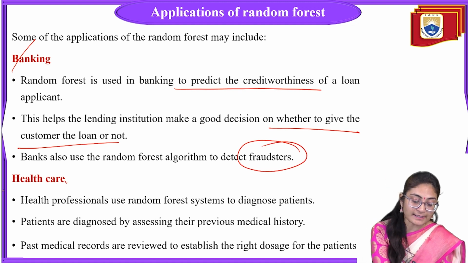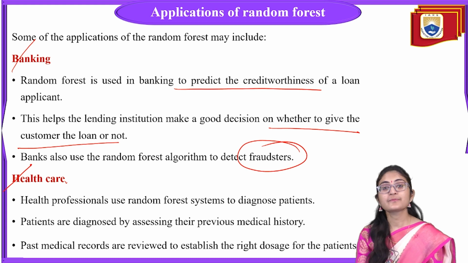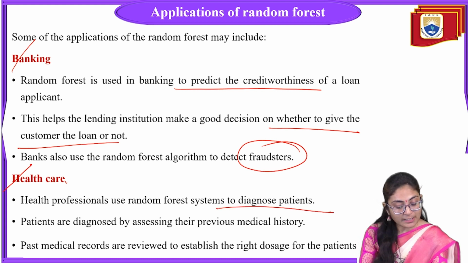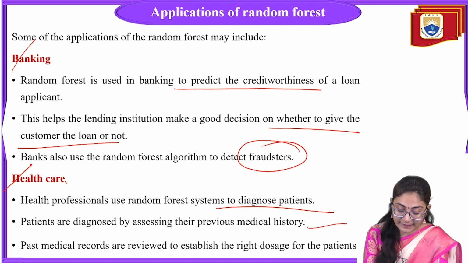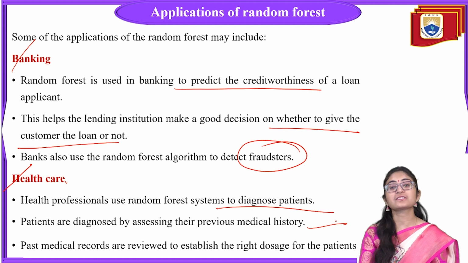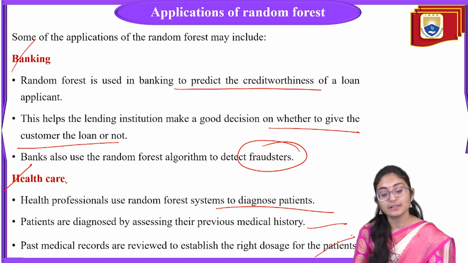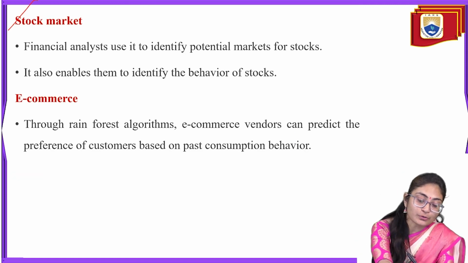Then the second field is healthcare. Health professionals use random forest systems to diagnose patients. The patients are diagnosed by assessing their previous medical history, and the past medical records are reviewed to establish the right doses for the patients. Then the next one is the stock market.